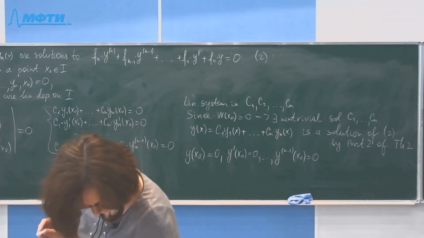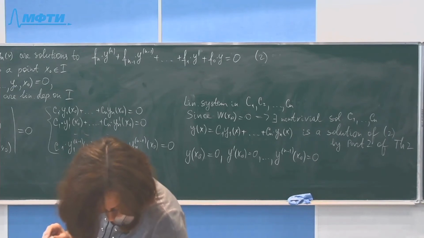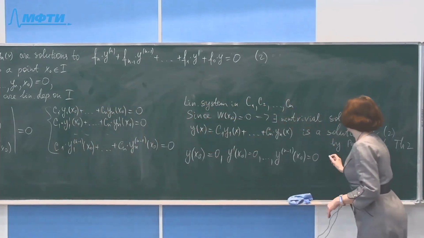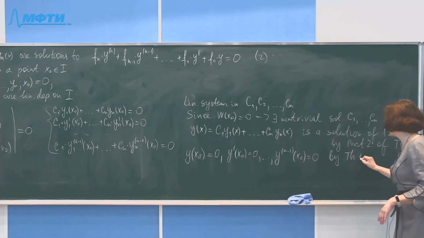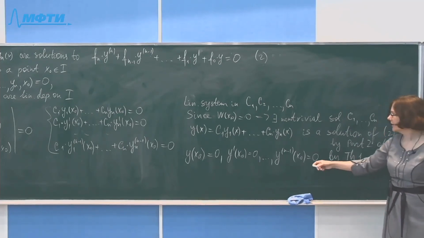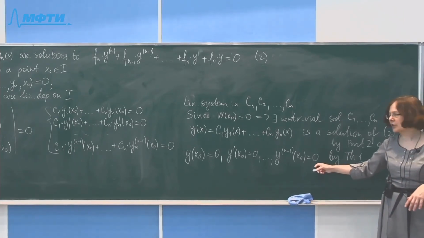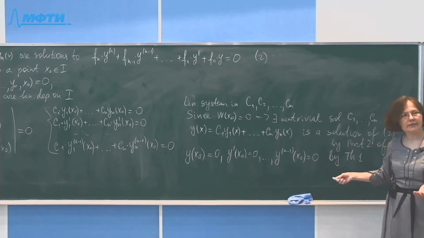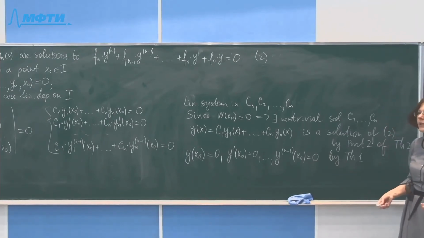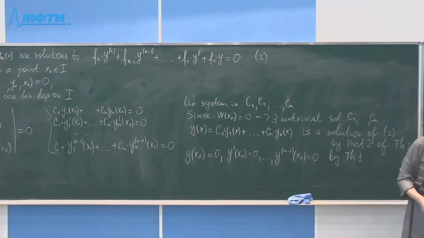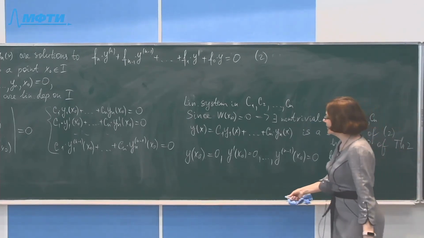By theorem 1, the function satisfying these initial conditions is unique. But I know one function which satisfies equation 2 and satisfies these initial conditions. This function is constant, it is identically 0.